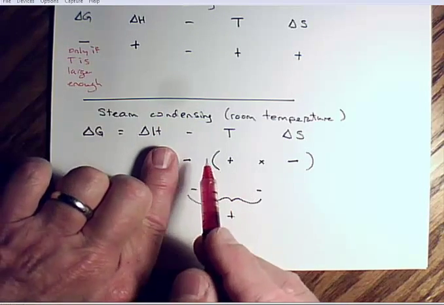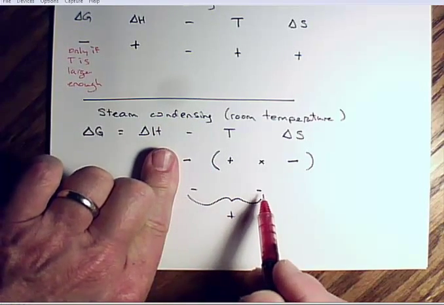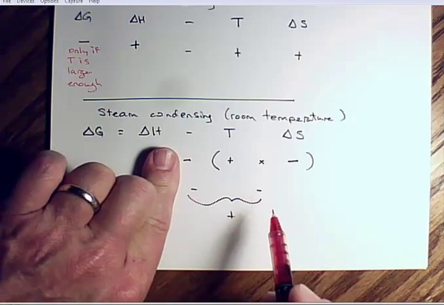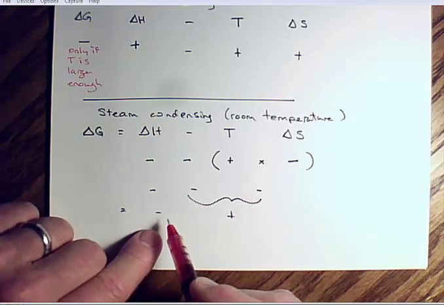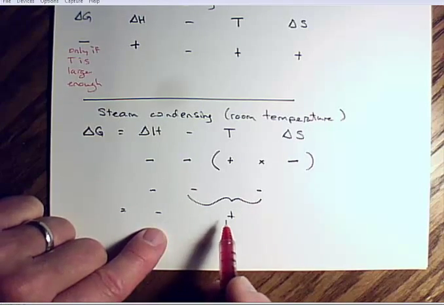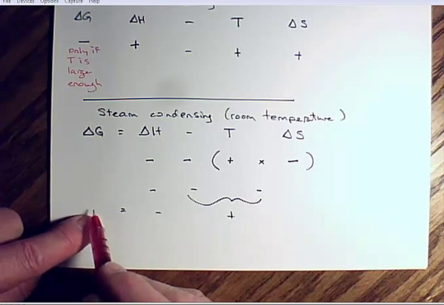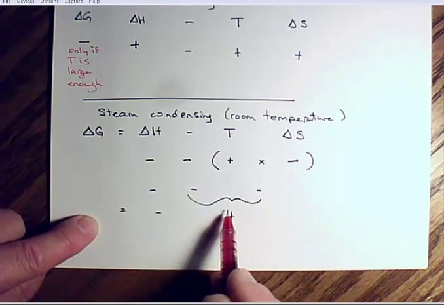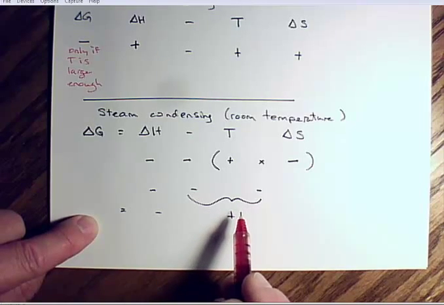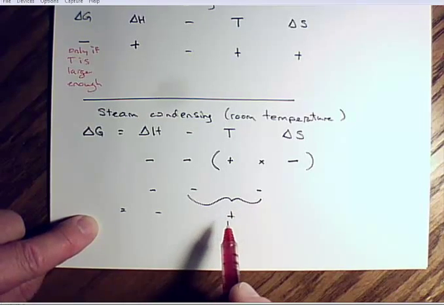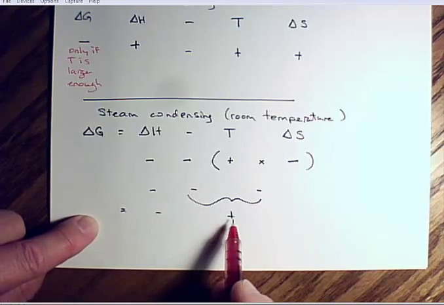It's like saying this negative is multiplied times that positive. And you're saying that this is going to be negative, being spontaneous, if this is a large number. I'm saying this takes over. You've got to have this term being larger than that number for it to be negative.